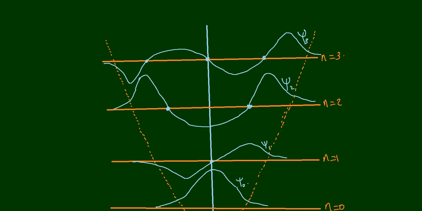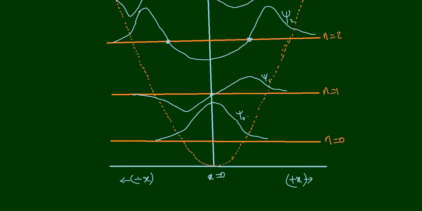Okay, so psi 0 has no node, and each successive state gets one additional node, right? The ground state has no node, and the successive states get one additional node. That is what we can understand from this one.